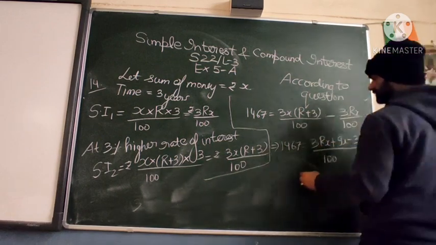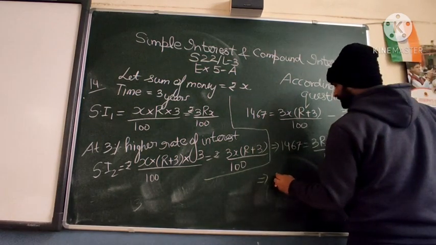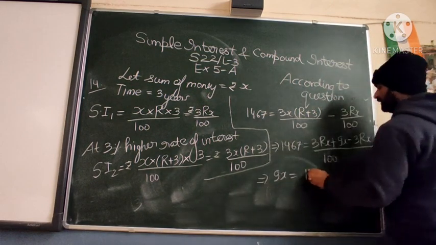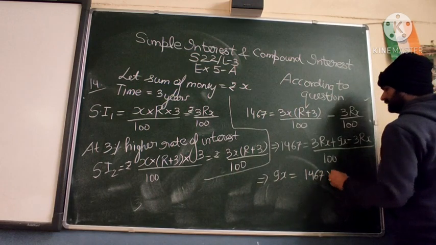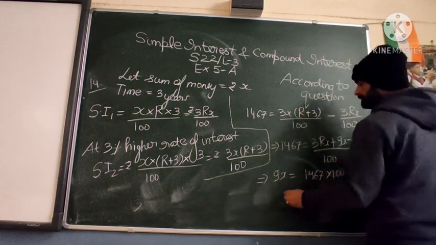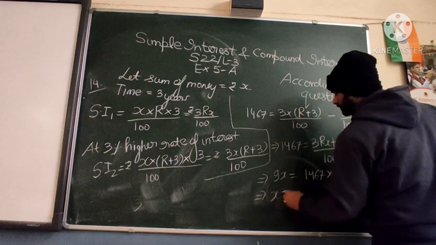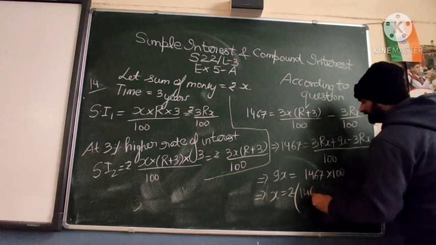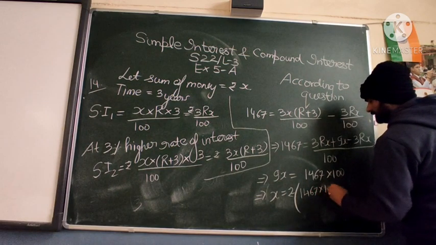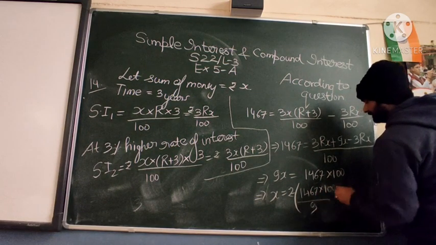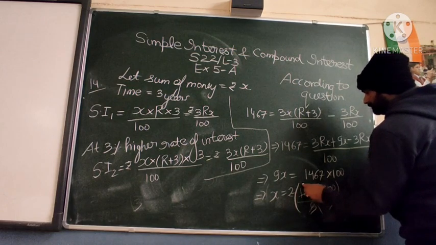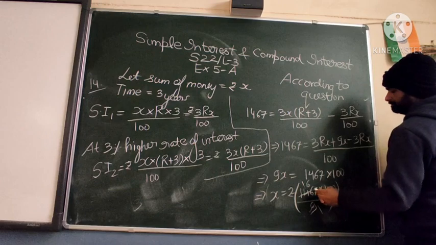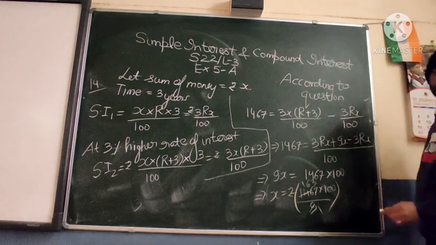3Rx and 3Rx cancel. What remains is 9x equal to 1467 into 100. This implies that x equals rupees 1467 into 100 by 9. 9 6 54, 9 3 27.